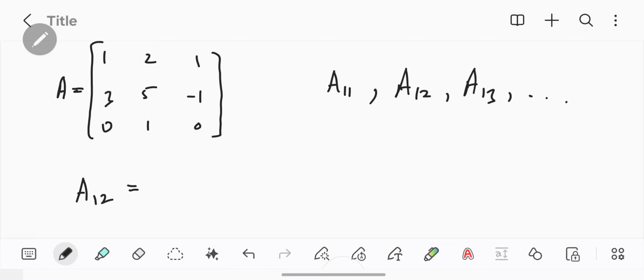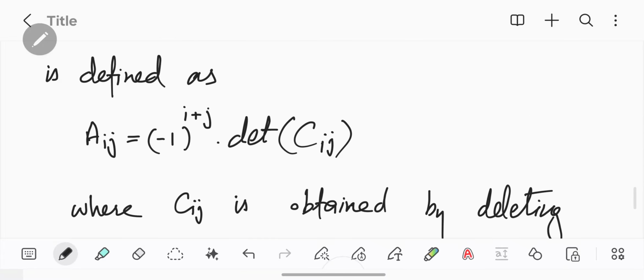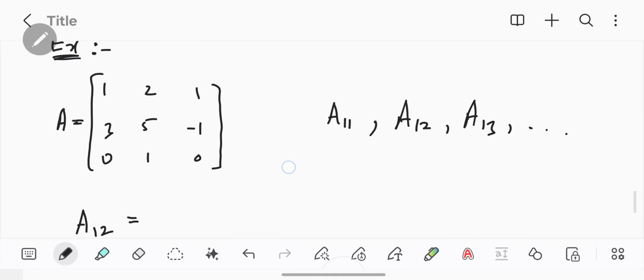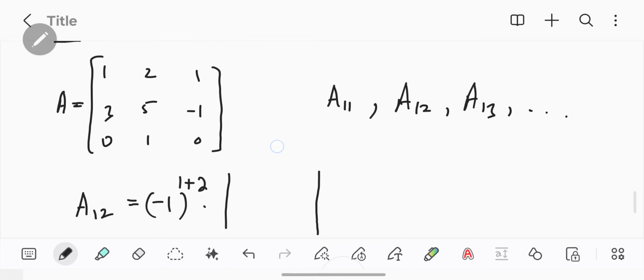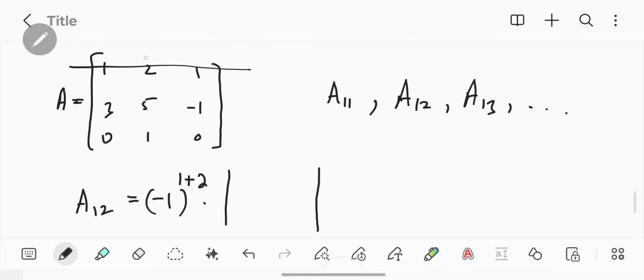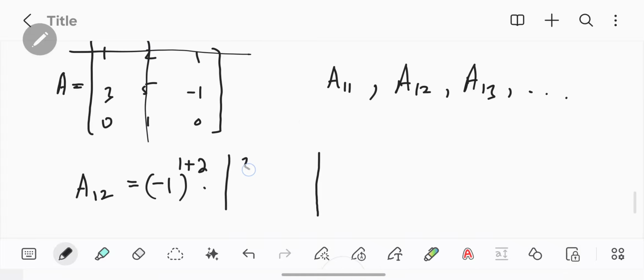By definition the cofactor Aij is negative 1 to the power i plus j. So I will write negative 1 to the power 1 plus 2 times the determinant of the matrix obtained by deleting the first row and the second column. You will get 3, minus 1, 0, 0.